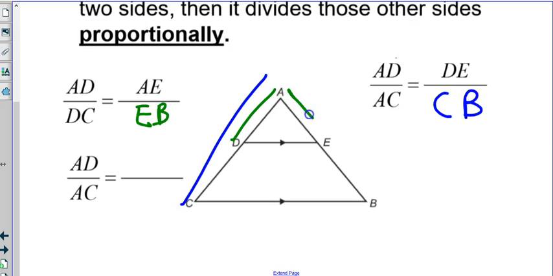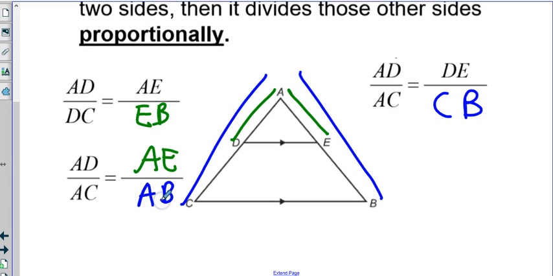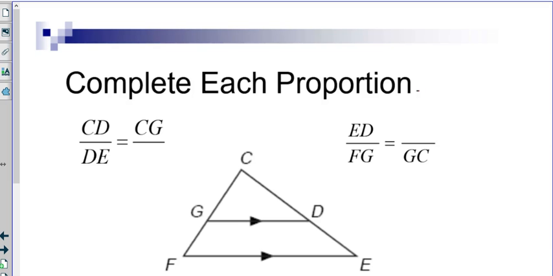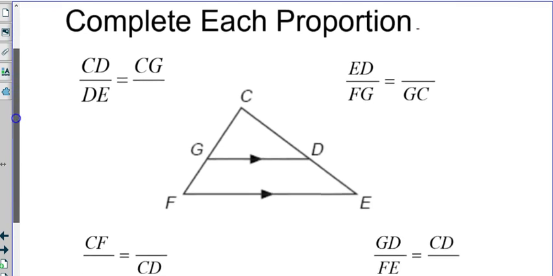And then we can just say over here, this is actually the easier one, AE to AB. Small to whole, small to whole. This one over here is the more challenging one because it involves the parallel sides. All right, just a little bit more of the same.